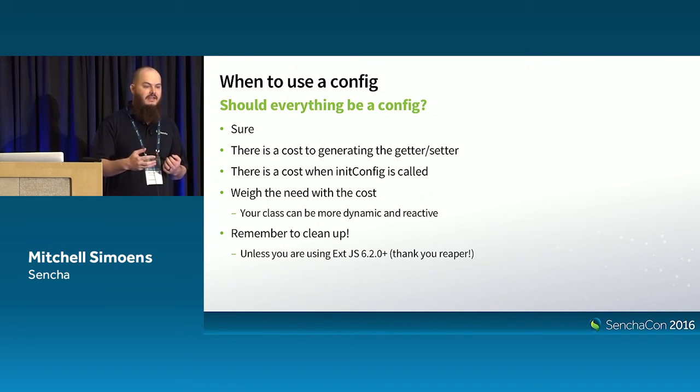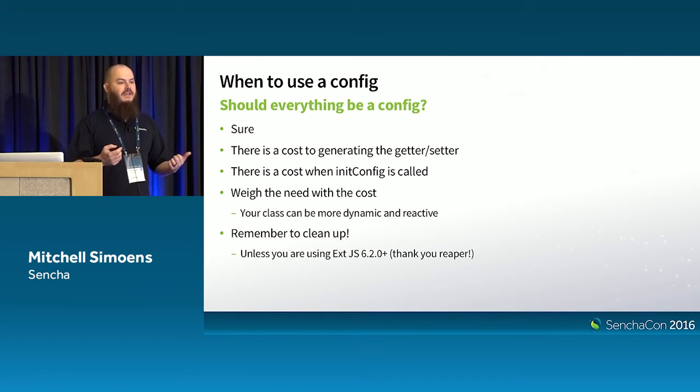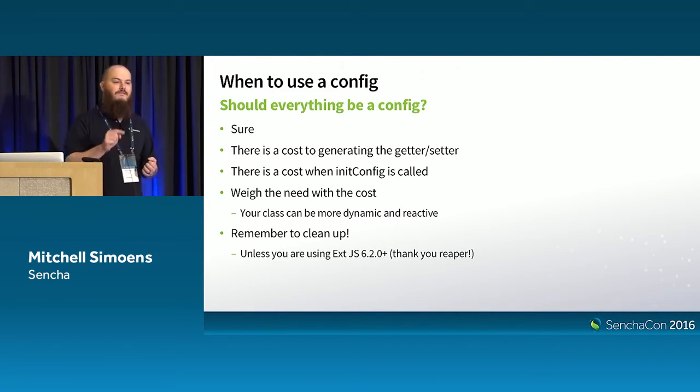So if there's a memory leak in there, you have to clean it up. However, in 6.2, what we call the Reaper now, in the destruction phase, we actually go through and iterate through every property on that instance. And if it's an object or function, I think we delete it. We may nullify it, so don't quote me on that. But either way, we get rid of that memory leak for you.